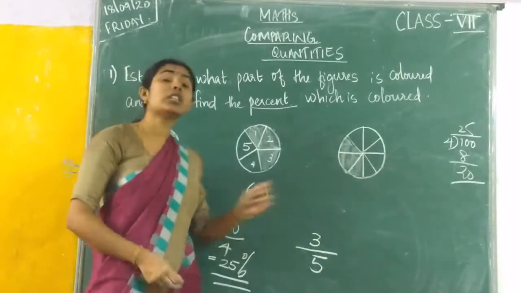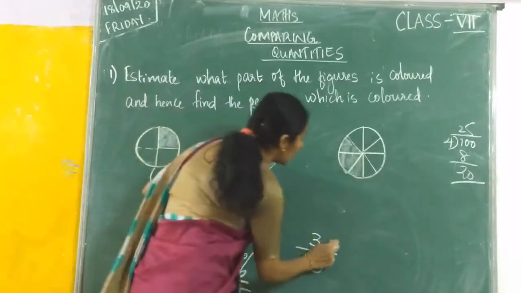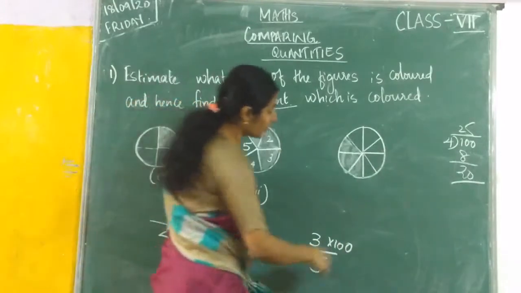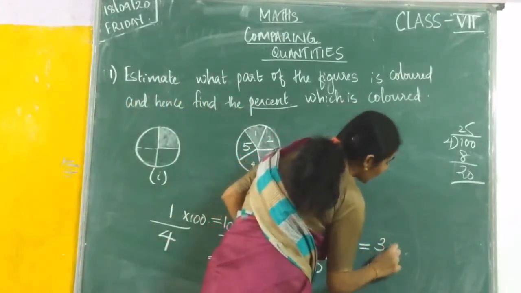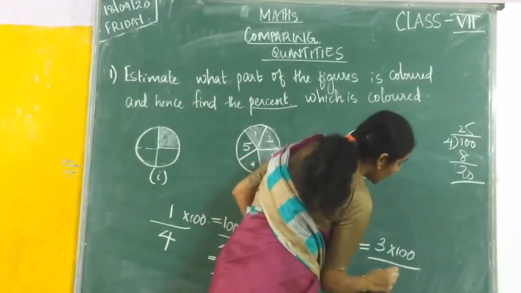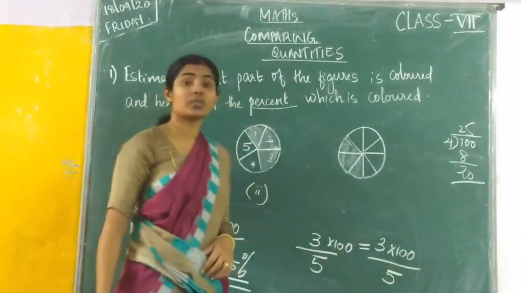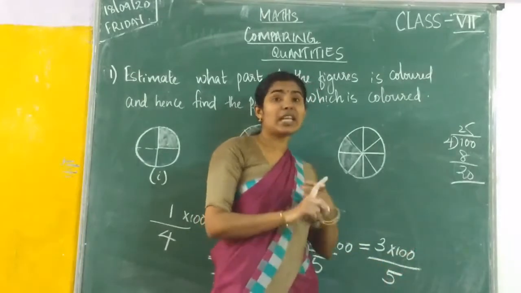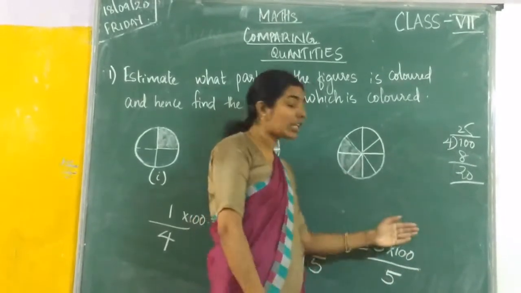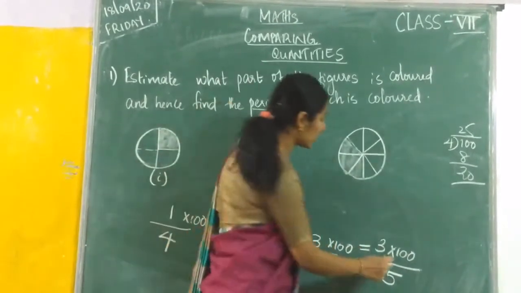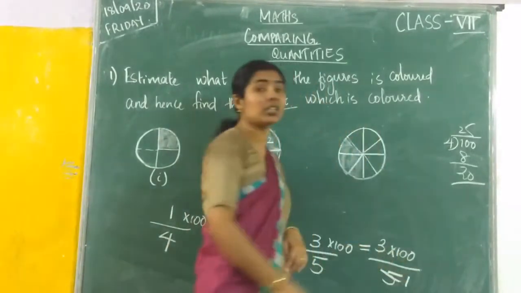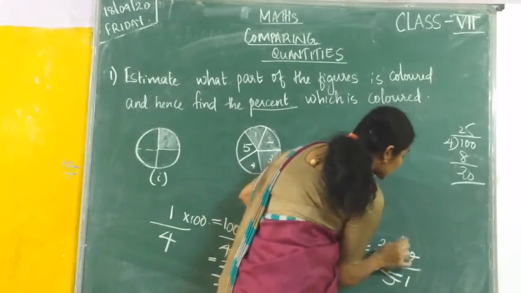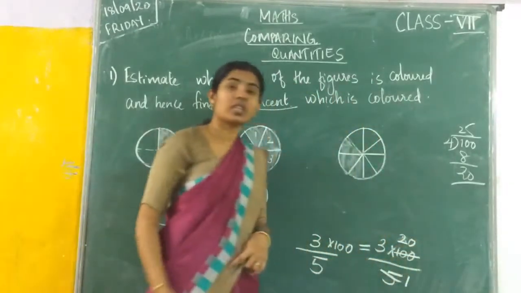Now how will you convert it into percentage? Multiply it by 100. 3 multiplied by 100 divided by 5. Now you see 100 and 5 are both in the 5 table, so you can do the cancellation, isn't it? 5 ones are 5, 5 twenties are 100.